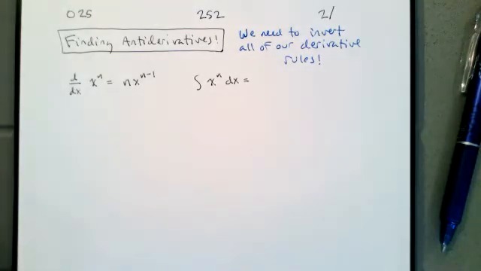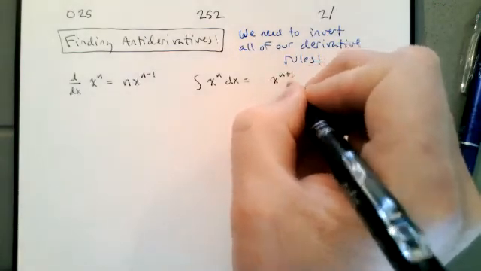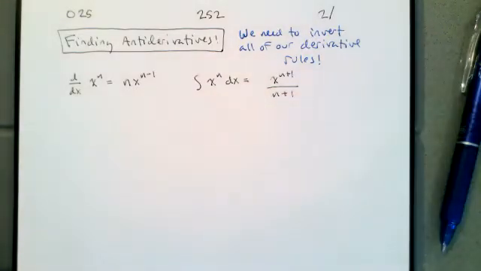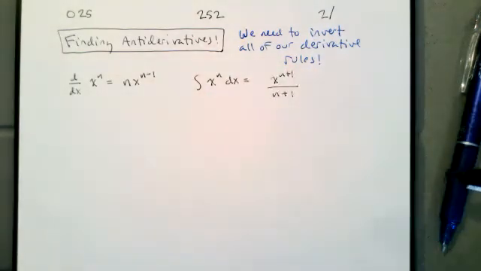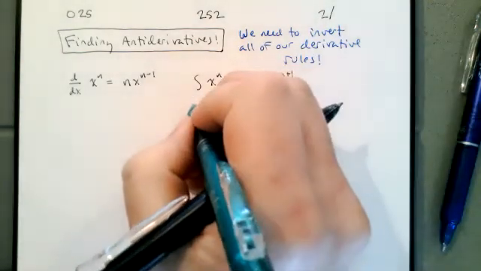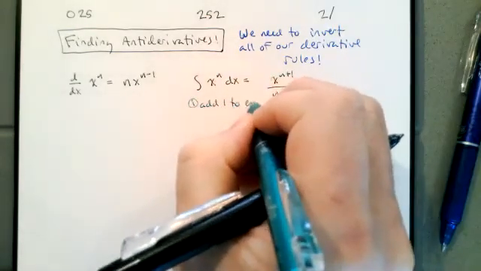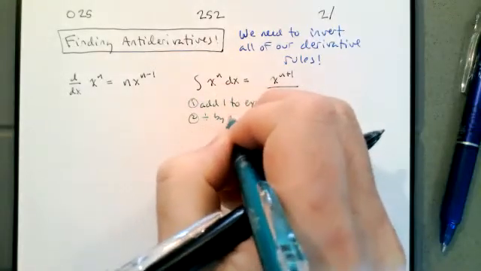So first, we add 1 to the exponent. Then we divide by the new exponent. I think I wrote it in green yesterday. Add 1 to the exponent, and then divide by the new exponent.